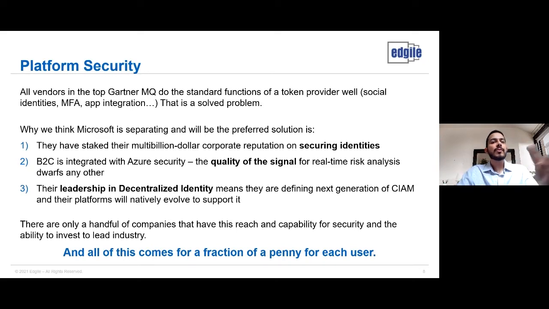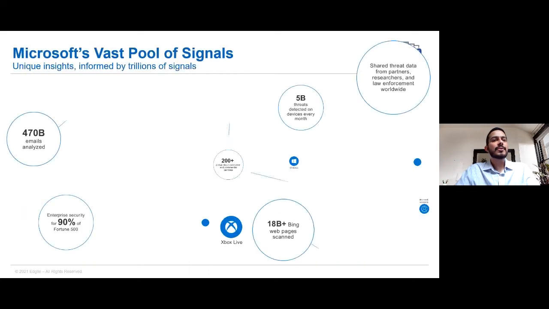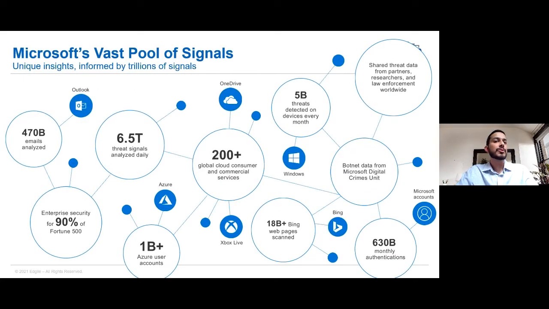And then the beauty about this entire service is that it comes for a fraction of a penny for each user. It really costs nothing to subscribe to these services. So this is the vast pool of signals I was talking about on the previous slide. The centerpiece of Microsoft's investment in intelligence is the Microsoft Intelligent Security Graph.